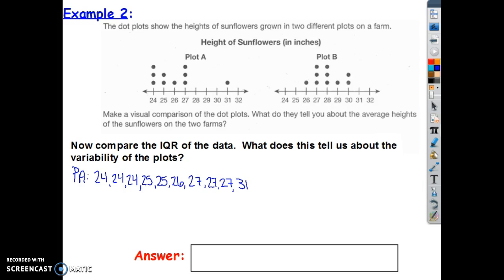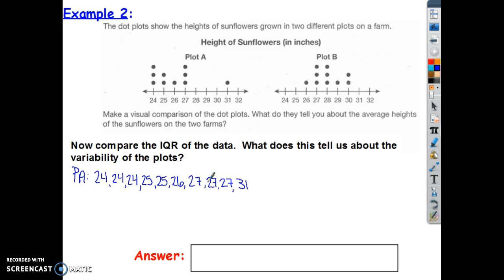Now, as you can see, I've ordered my numbers from least to greatest for plot A, and I did this by looking at my dot plot. I have 3 24s because there are 3 dots above 24. That means 24 happened 3 times in the data. So I put them in order from least to greatest, and now I need to find our median. So I have 1, 2, 3, 4, 5, 6, 7, 8, 9, 10 numbers.